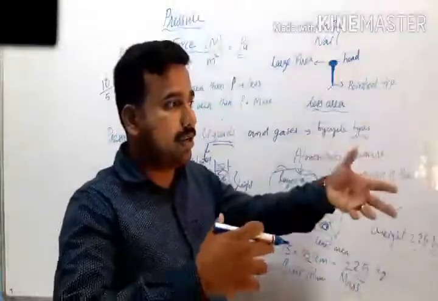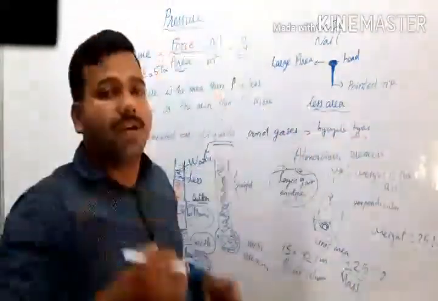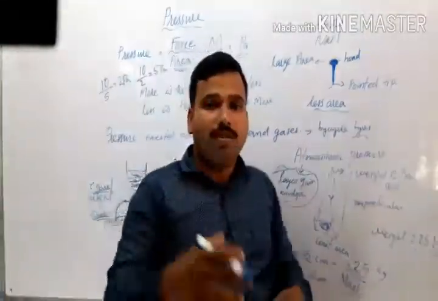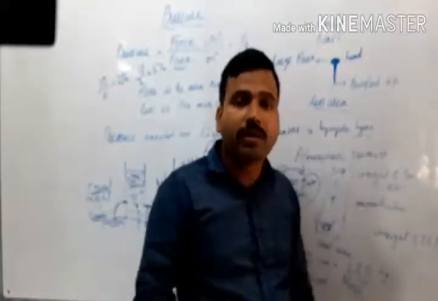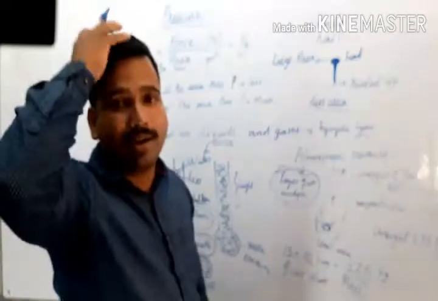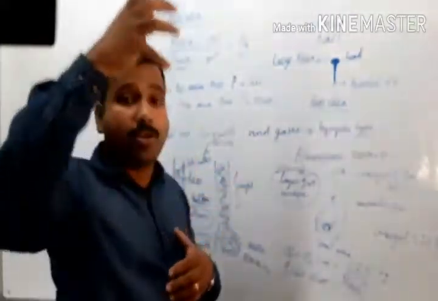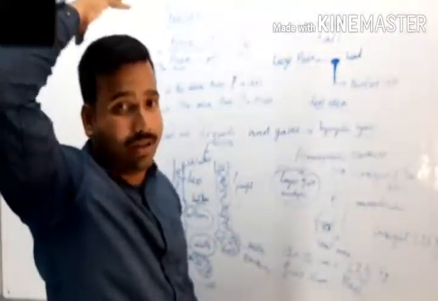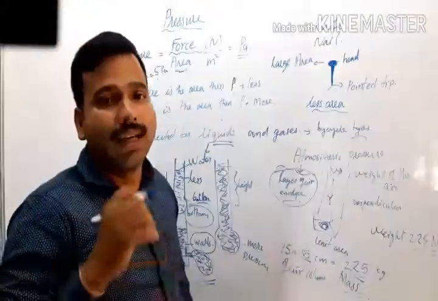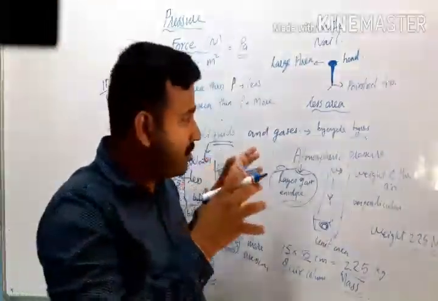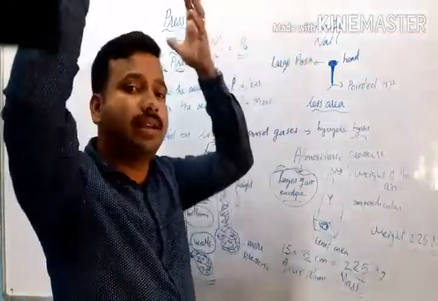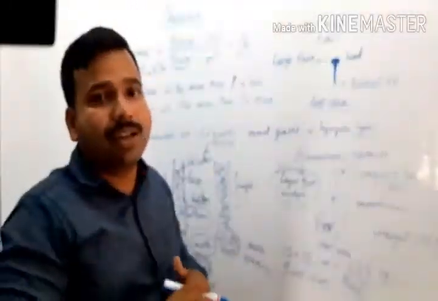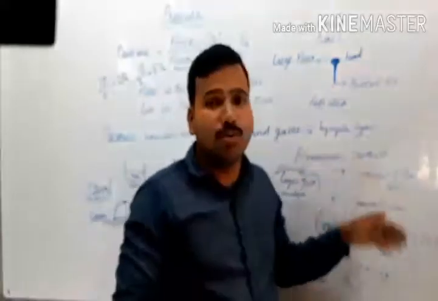Suppose you are standing outside and holding a box of mass 225 kilograms, or weight 225 Newton, on your head. That much is the pressure of the atmosphere over your head. That much is the force acting on your head by the atmosphere.